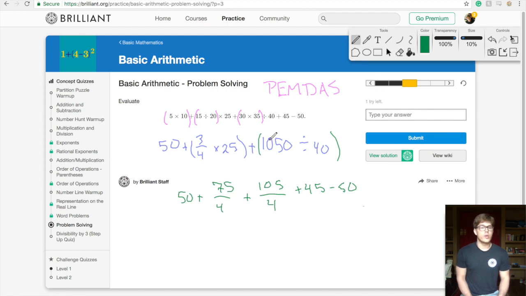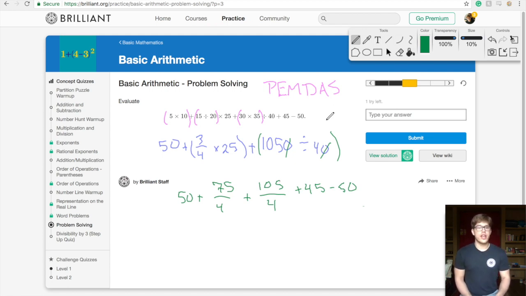So again, 1050 divided by 40, we're just cutting these zeros off, and we are left with 105 divided by 4. And we're keeping it in this form because we have another fraction with a denominator of 4, and we always like our fractions to have the same denominator. It makes it easy.